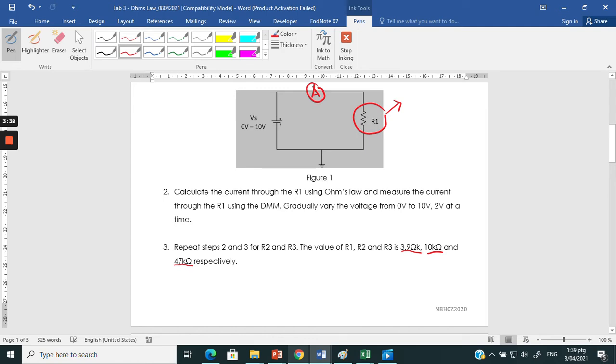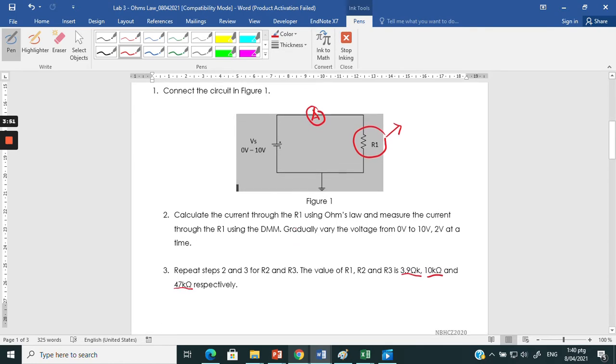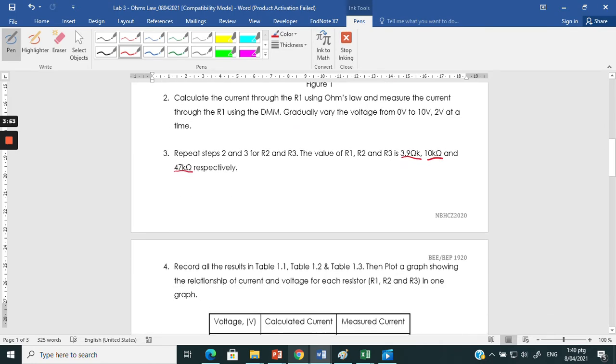So you need to do 3 experiments, the same experiment but with different values of resistor.